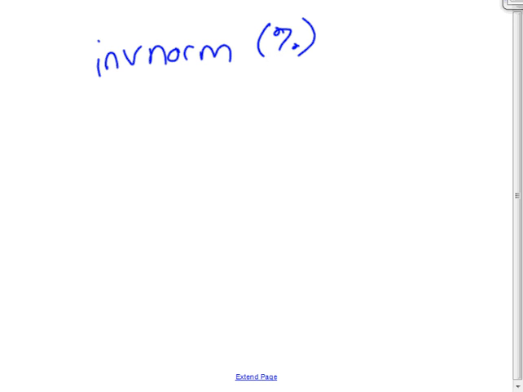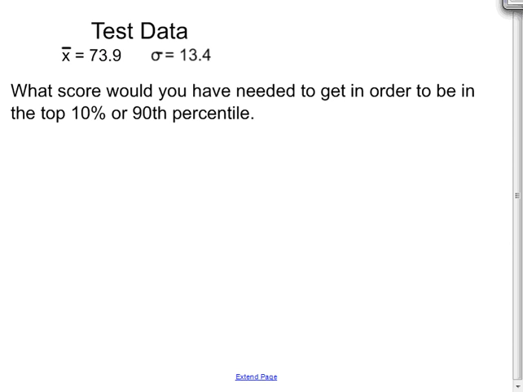By doing the inverse norm, this finds your z-score. This will physically find your z-score. So then you'll know exactly where you fall along the way.